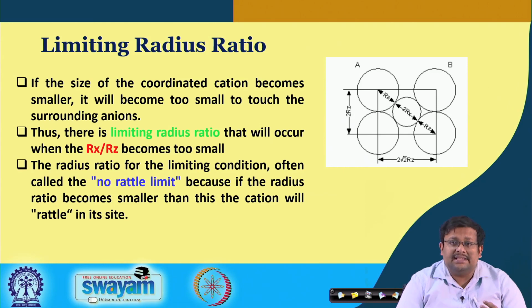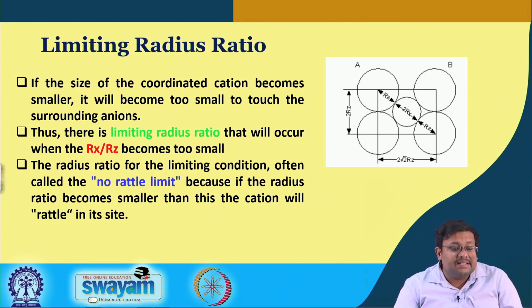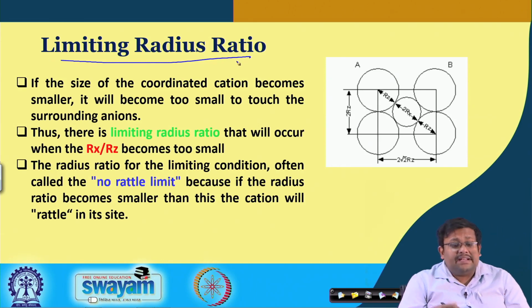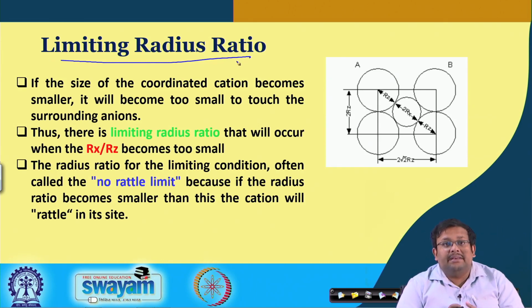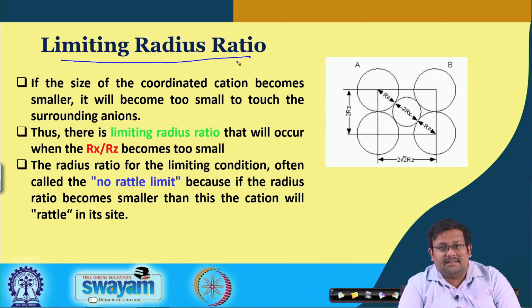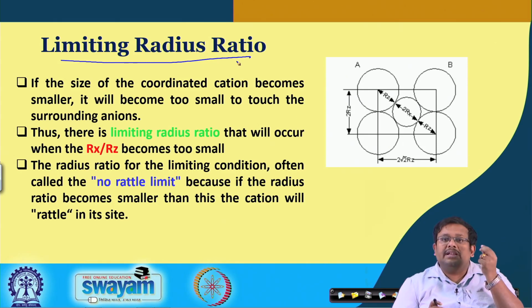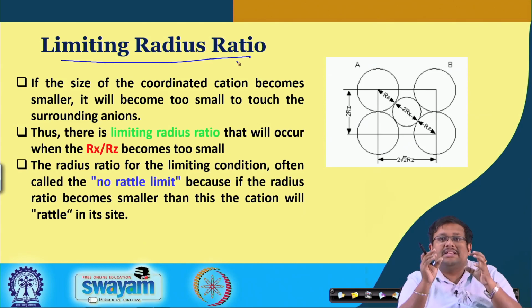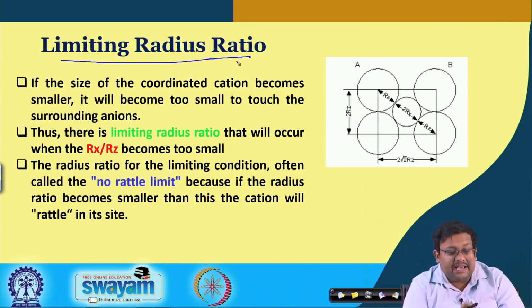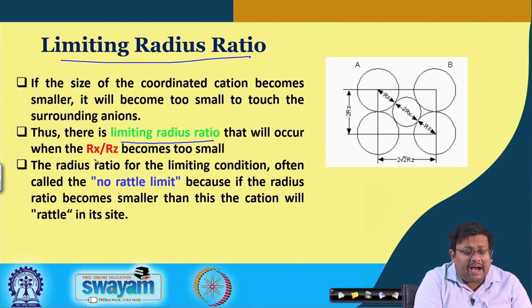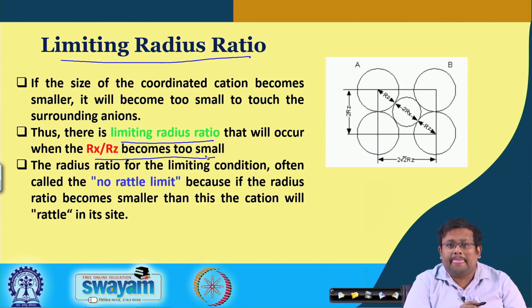Now, while we are discussing this, another important aspect we have to discuss is called the limiting radius ratio. If the size of the coordinated cation becomes smaller, it will become too small to touch the surrounding anions. Because when it is too small, it may not be able to touch the surrounding anions, which are larger in size. So, there is a term called limiting radius ratio that occurs when Rx by Rz becomes too small.